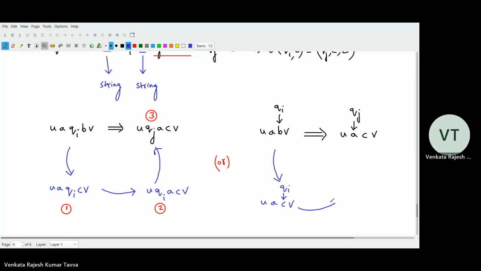Then in the next step, QI moves left by one position. QI points to A. In the final step, QI becomes QJ.